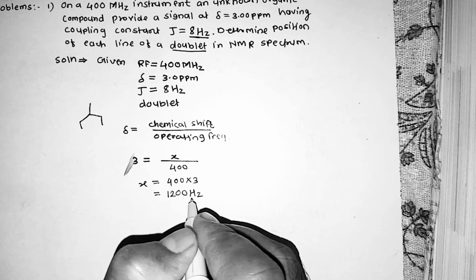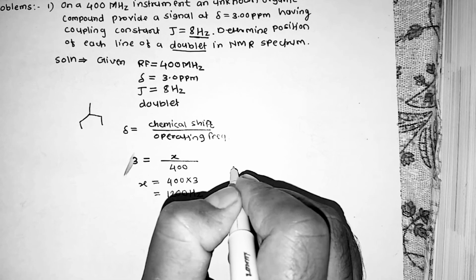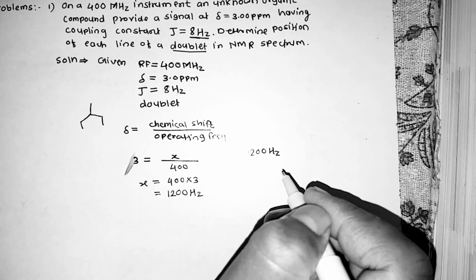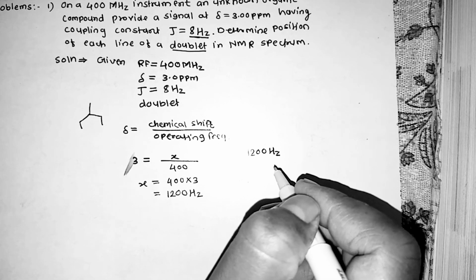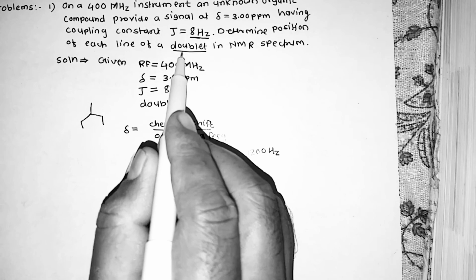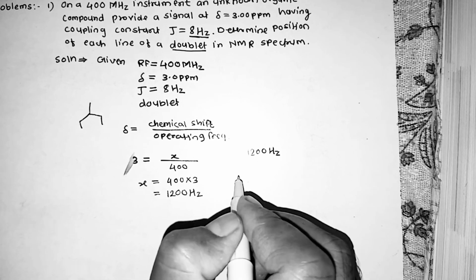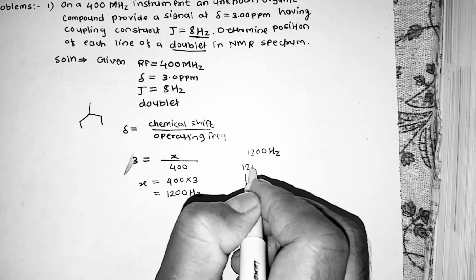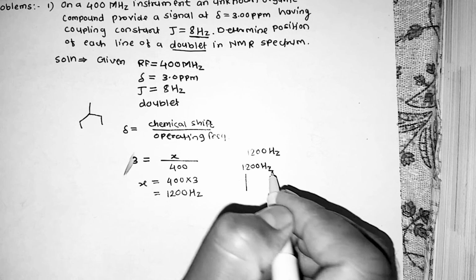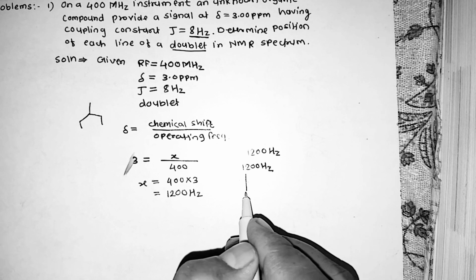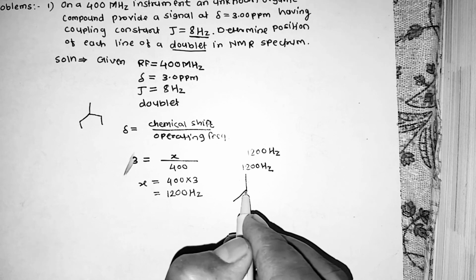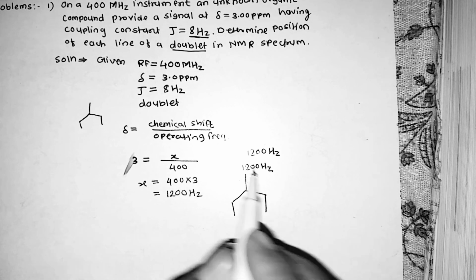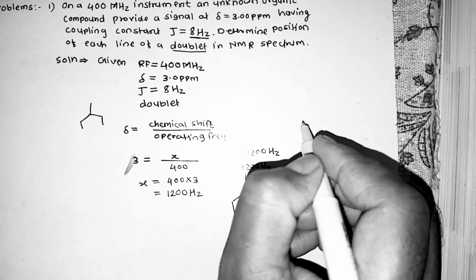So the signal appears at 1200 Hertz. The signal is a doublet. It means that a single line which is observed at 1200 Hertz splits into two lines, therefore a doublet, and the coupling constant J is given as 8 Hz.